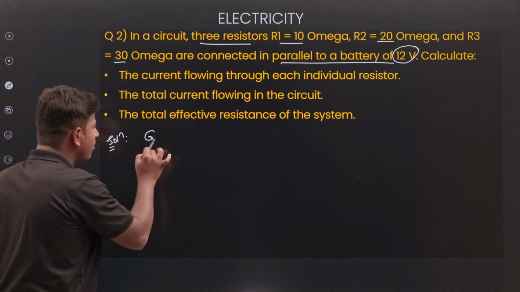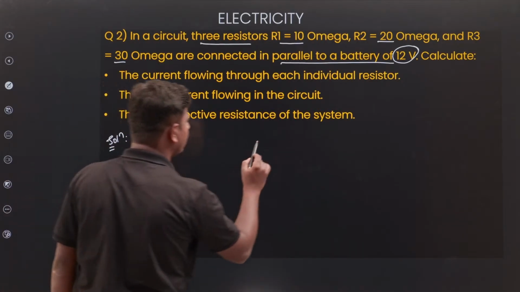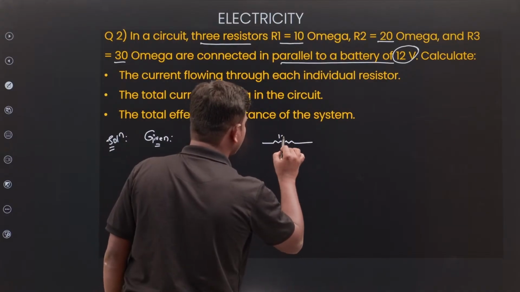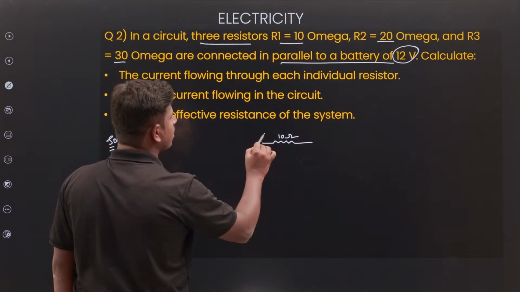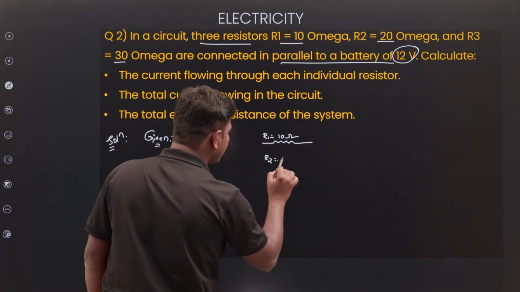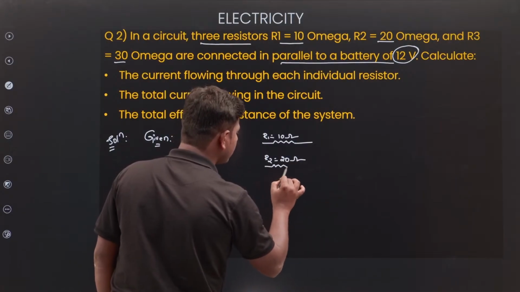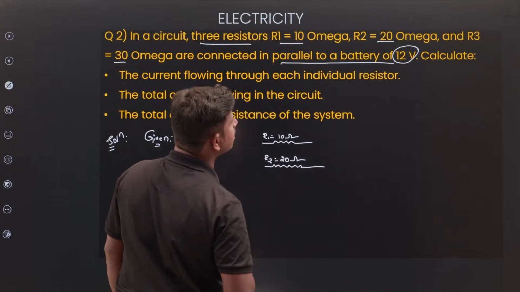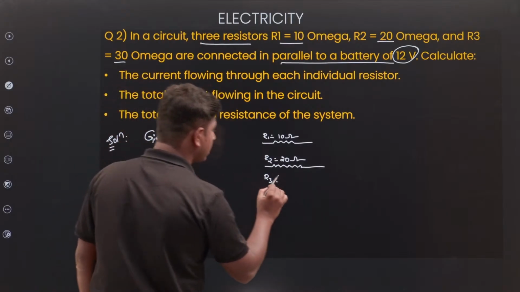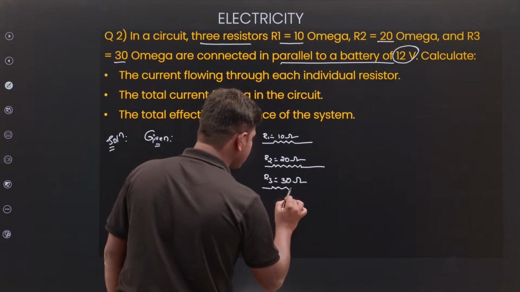Given what? 3 resistors are there. R1 is 10 ohms. R2 is 20 ohms. R3 how much? 30 ohms.